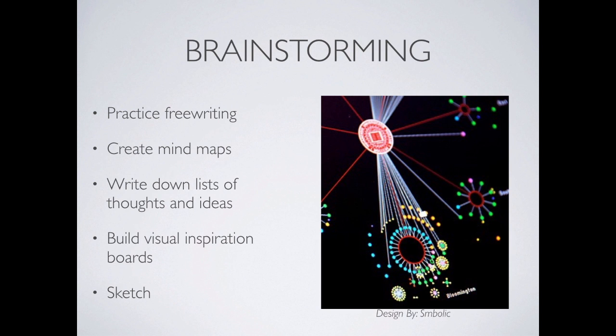Brainstorming is a little bit harder in design than, say, brainstorming ideas for your history research paper, which is a little bit more controlled. In design, brainstorming is you're just throwing out ideas and trying to figure out what sticks. Sometimes there's a lot of really random stuff that comes out, and then all of a sudden it'll start to gel together and become something.